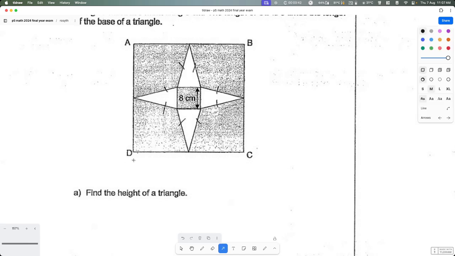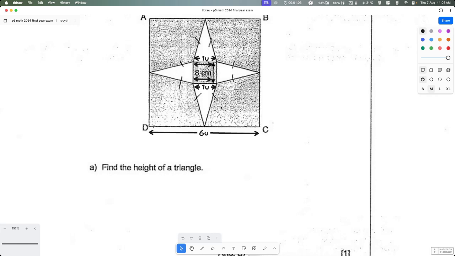Okay, so in this case over here, we're gonna put this as 6 units. Okay, 6 units. And then the base of the triangle is 1 unit, like this. So each of this is 1 unit. That means since this is 8 centimeters, this is also 8 centimeters. And also this is 8 centimeters as well.